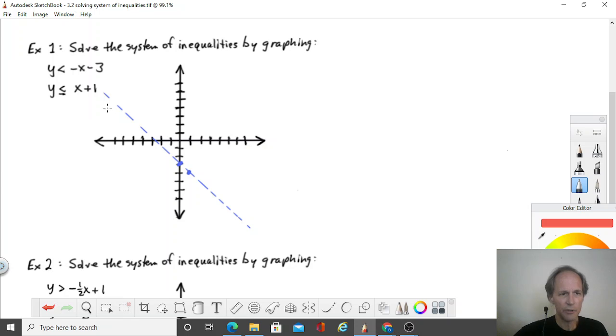And then the other one we'll use red. So that's x plus 1. In slope-intercept form, 1 is the y-intercept, and the slope of this is positive 1. So rise over run, rise of 1, run of 1. We'd have another point right there. Okay, and we'll make this with the red line.